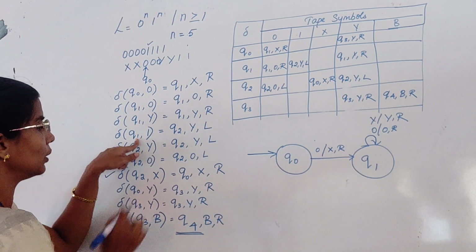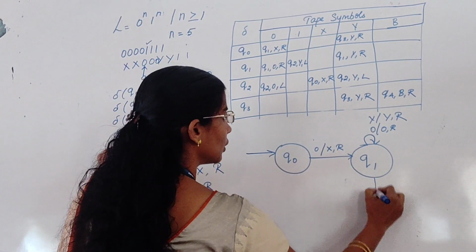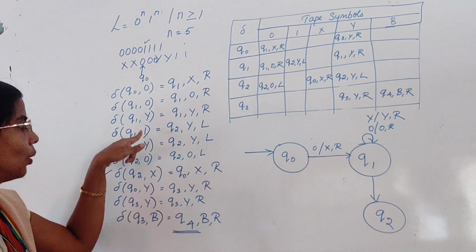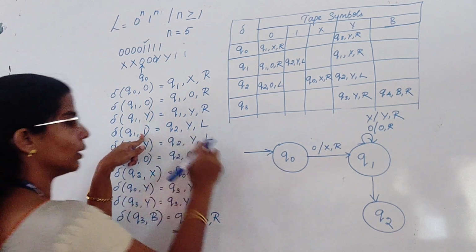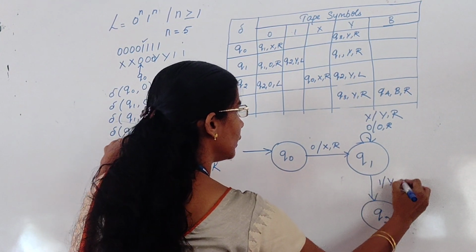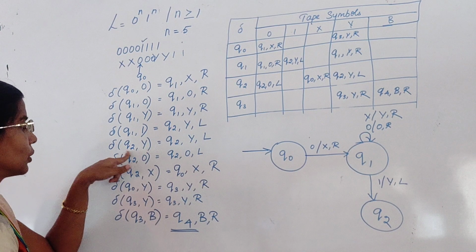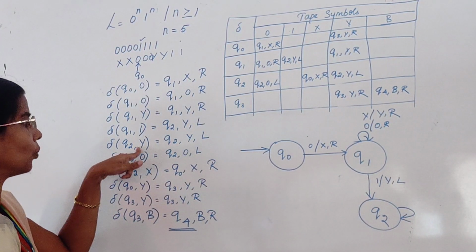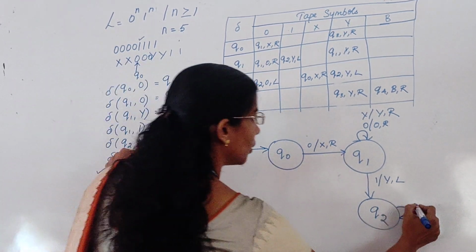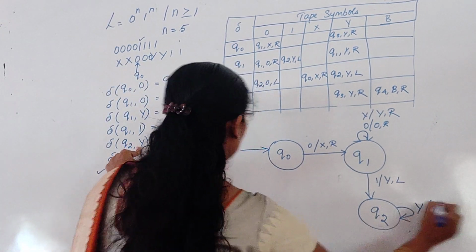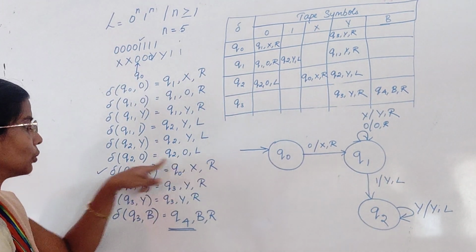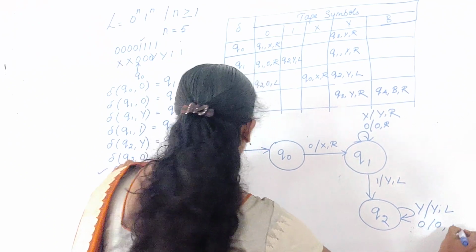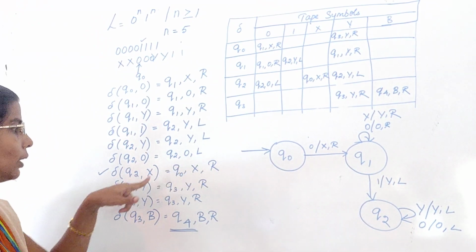Next Q1 to Q2: 1 slash YL. Next Q2 self loop: Y slash YL. Next Q2, 0 slash 0L.